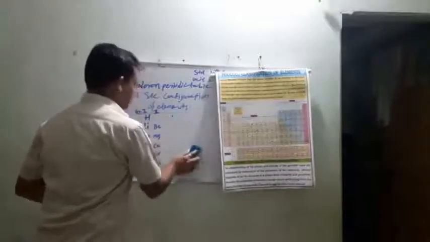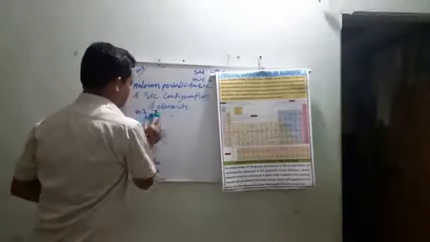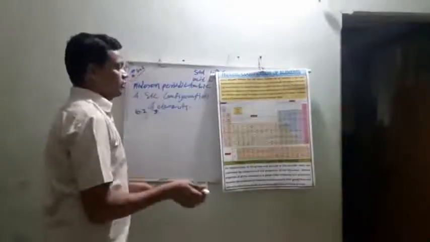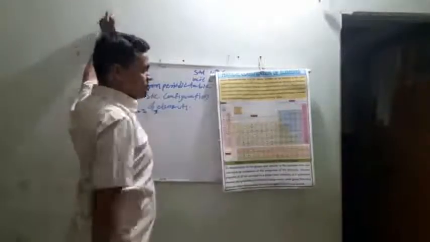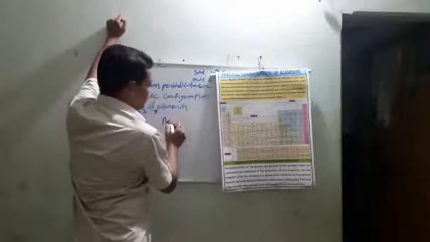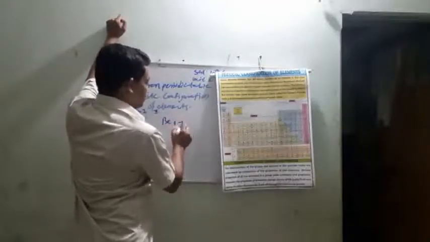Similarly, if you do the electronic configuration in group second, see the elements of group second. First element is beryllium having atomic number 4.